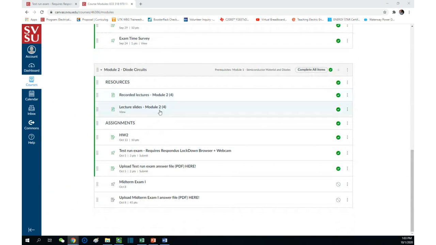Remember how to find the information about the course. Everything is organized into the modules. Under the assignments, you know what you need to do and when the due time is. Everything is listed there, very clear. So it's not surprising that you see the first homework 2 is due by October 13th. And we also have a test run exam.